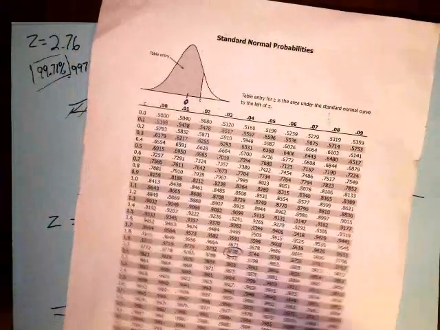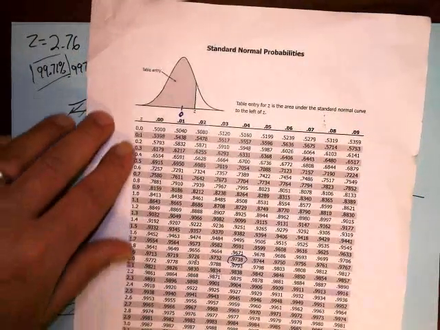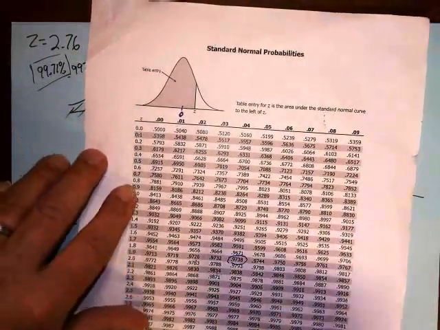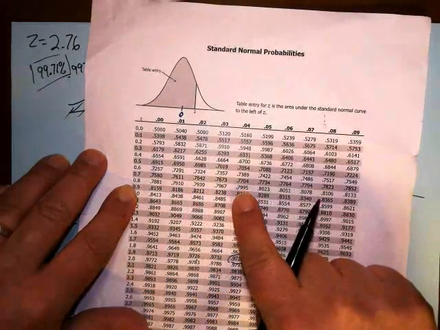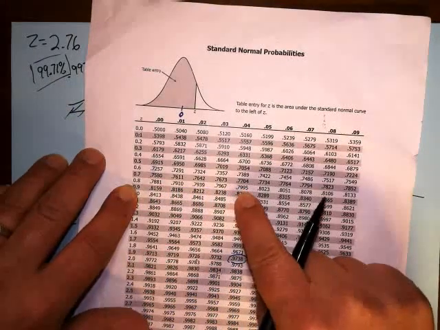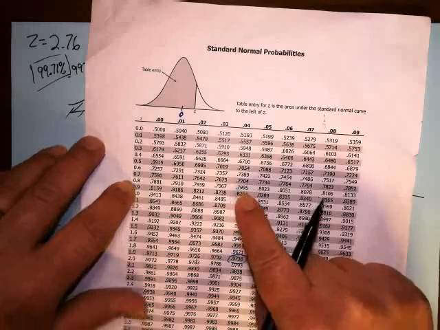So I'm going to look here. I'm going to be on my positive side, 0.8, and then 0.04, and I get 0.7995.